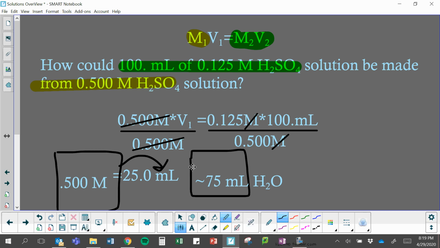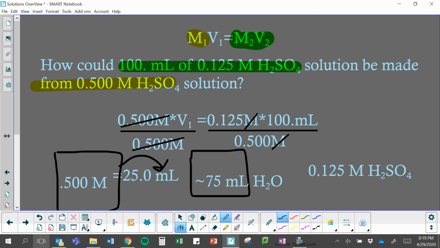Then we would need to label, because making sure that our acids in our different beakers are labeled properly is very important. So you could label your solution as 0.125 molar H2SO4 so that somebody else could know not only what is in that glassware but also how concentrated it is.